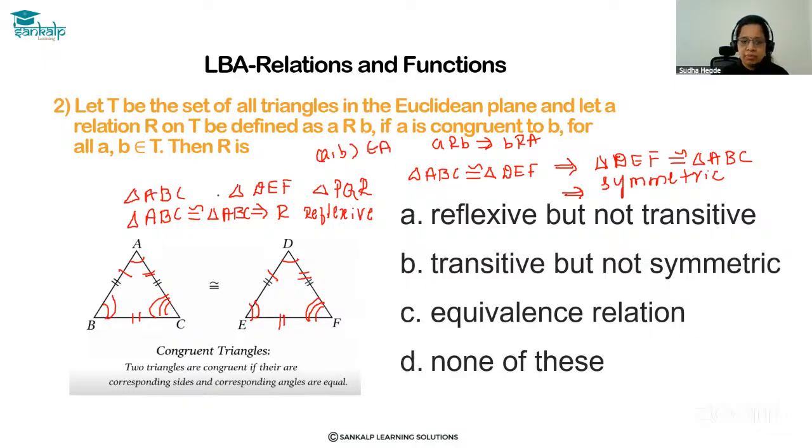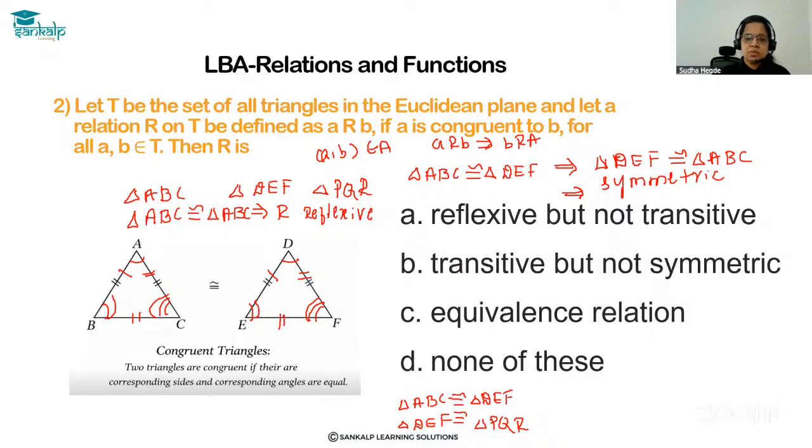Let triangle ABC be congruent to triangle DEF, and triangle DEF be congruent to triangle PQR.